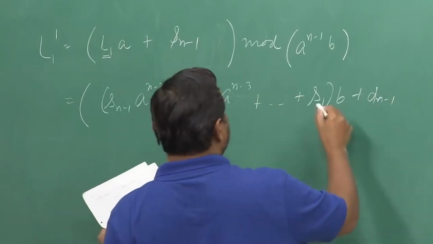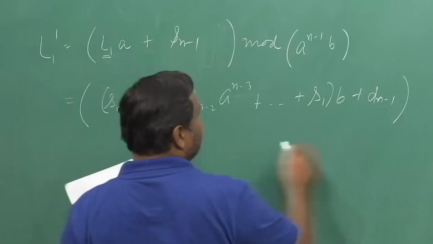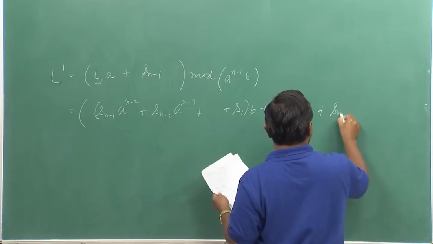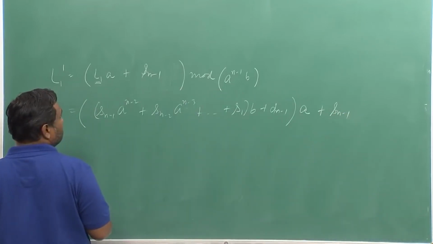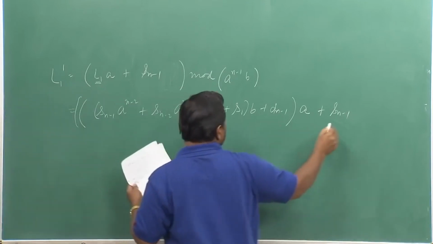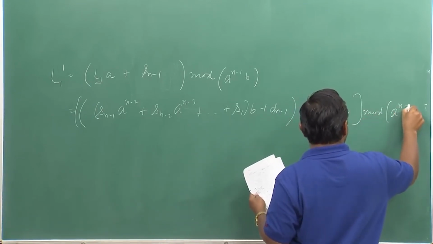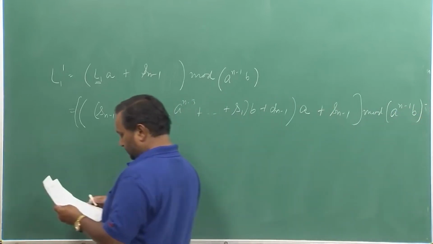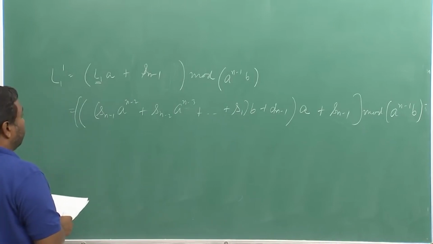So, that is L1. This one is L1, L1 has to be multiplied by A, plus then I have to do S n minus 1, so this whole thing modulo A n minus 1 B. Okay.